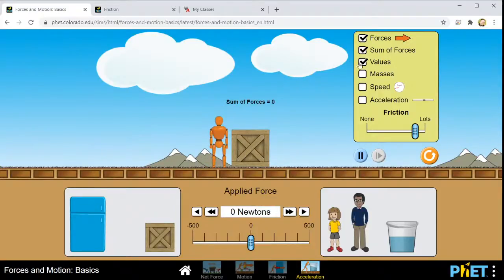Let's turn on the values. So when the applied force is 50 newtons, the frictional force is 50 newtons. When the applied force is 80 newtons, the frictional force is 80 newtons. When the applied force is 120 newtons, the frictional force is 120 newtons.